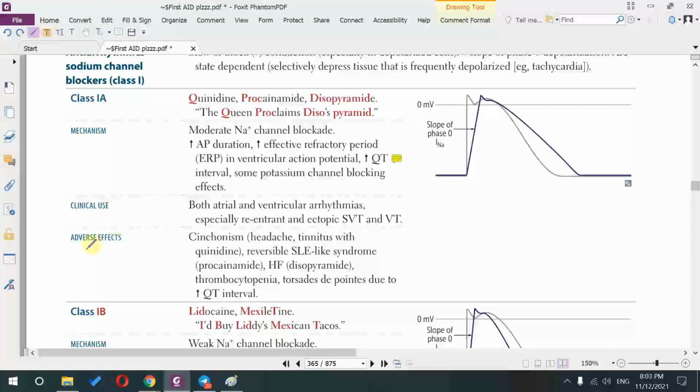So, the adverse effect you must know about: cinchonism. Cinchonism, it's the exact thing I was telling you about, but it could be used for treatment. Exactly. So I told you it was the weird thing. It is one of the weird situations we have in cardiology, in which a drug that can cause it, we use for the treatment.